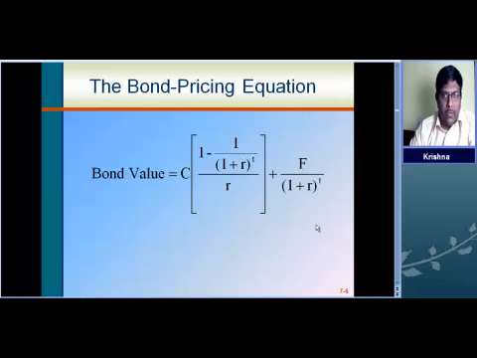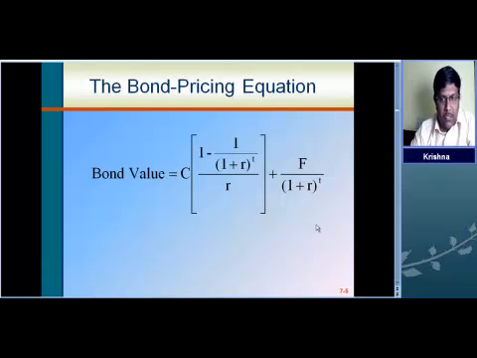This is the formula for bond valuation. C is equal to the coupon amount, and the first part, 1 minus 1 divided by (1 plus r) whole power t, divided by r, is called the present value of the annuity. The r is equal to YTM, that is yield to maturity.